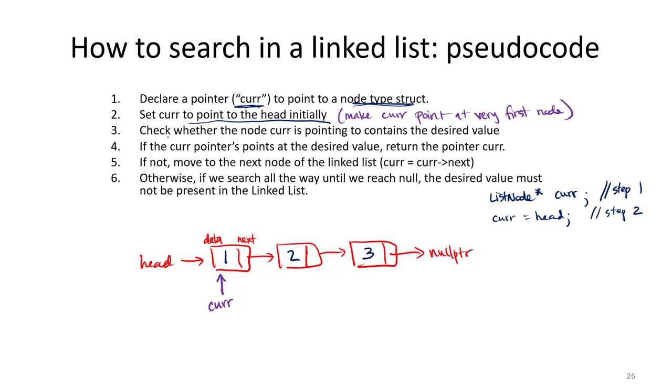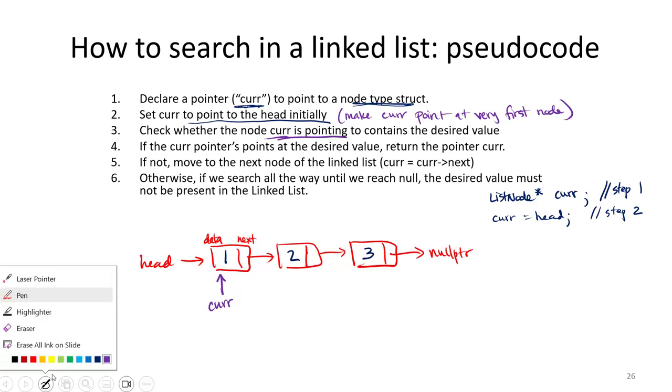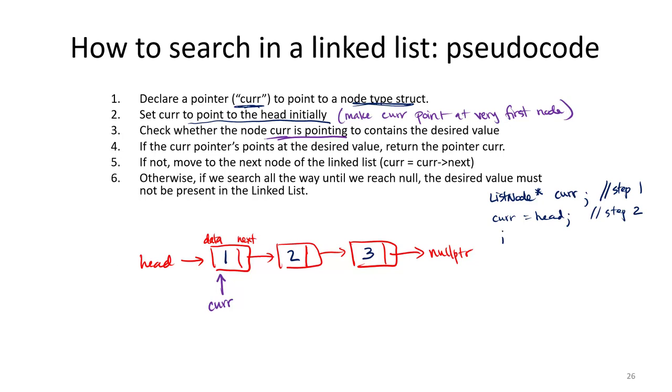Our next step is to check whether the node cur is pointing at contains the desired value. So to do that, we need to use an if statement. If cur arrow data double equals the value we're looking for. So we got to check using an if statement.